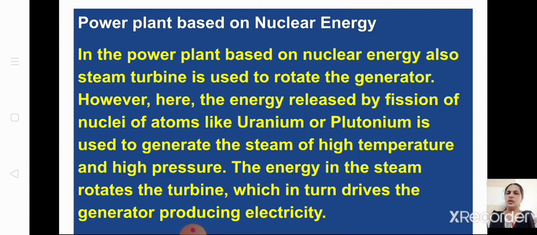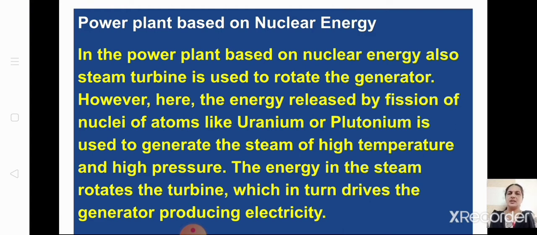There we used coal, but here we are using nuclei of uranium and plutonium. The fission reaction takes place and then you get steam of high pressure and temperature. The energy of the steam rotates the turbine, which in turn rotates the generator, producing electricity.